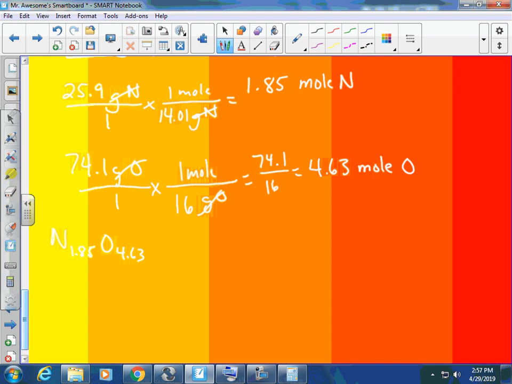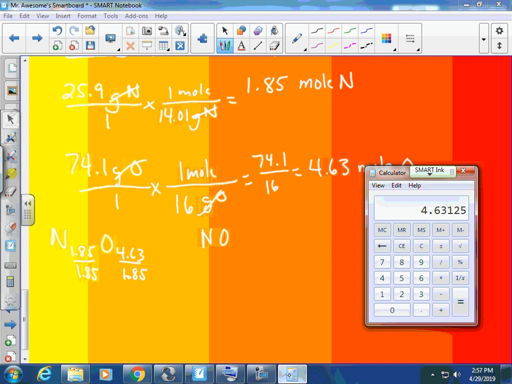Well, I can guarantee I have at least one whole number if I just take the smaller number of the two, which is this one, and divide both numbers by that. Okay, so now my N is going to be 1, and my O is going to be 4.63 divided by 1.85.